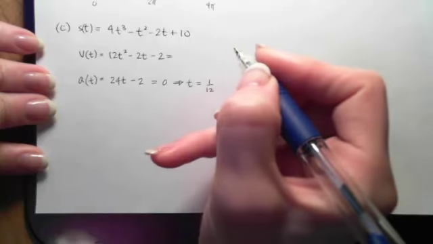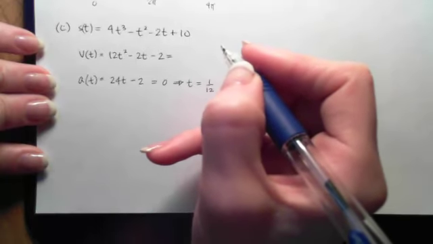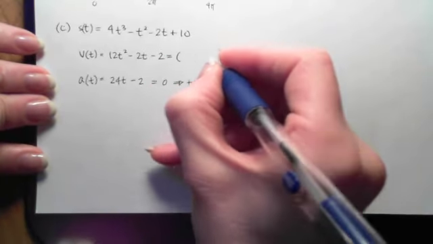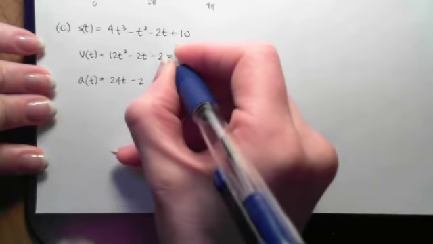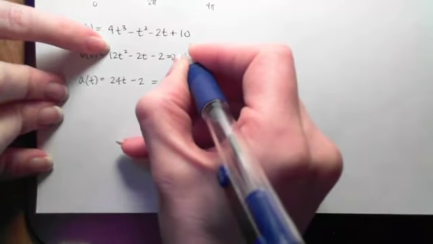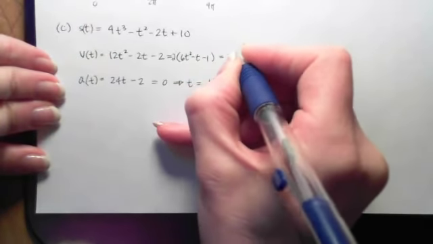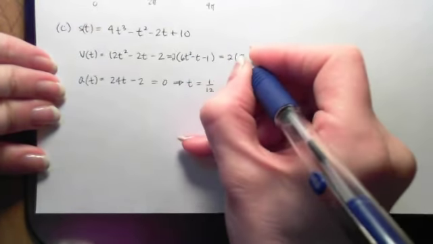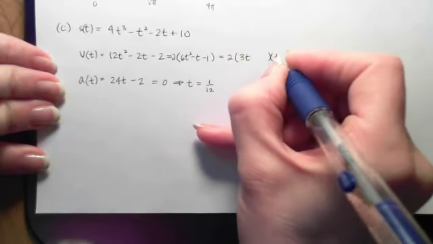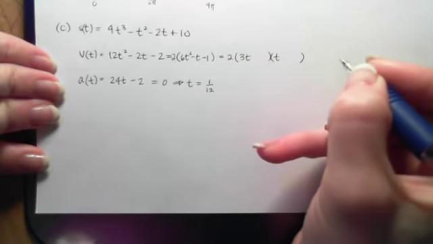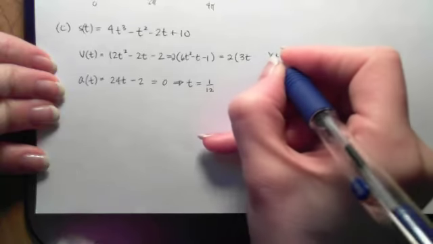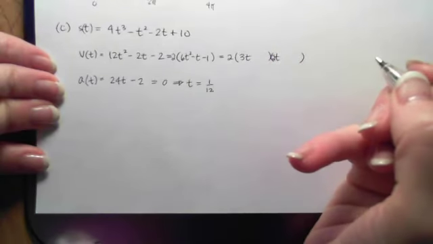And here, this we can hopefully factor. Let's see. Oh, I guess I can pull out a 2, so that'd give me a 6t squared minus t minus 1, which is a 2 times a 3t and a t. See, I want a minus 1. Oops, 3t and a 2t.